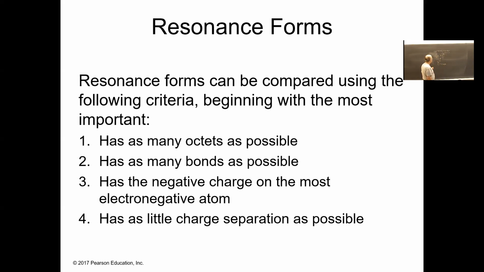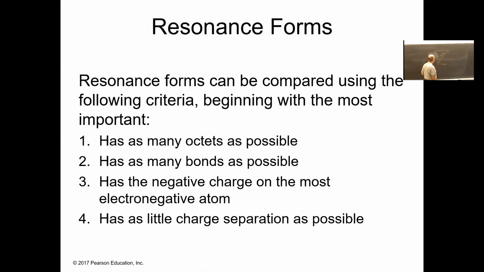So the major contributor by rule number 3 would be the one in which the negative charge is on the more electronegative element. Nitrogen is more electronegative than sulfur. So that means that, for example, the CN bond has more double bond character than it has triple bond character.